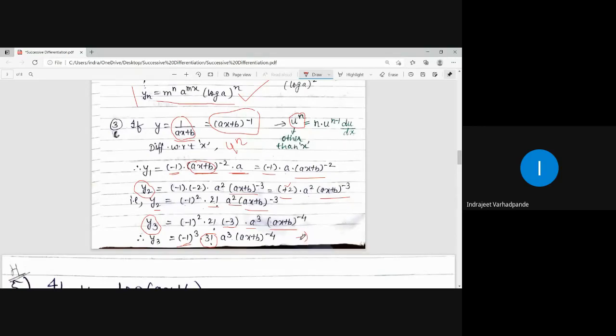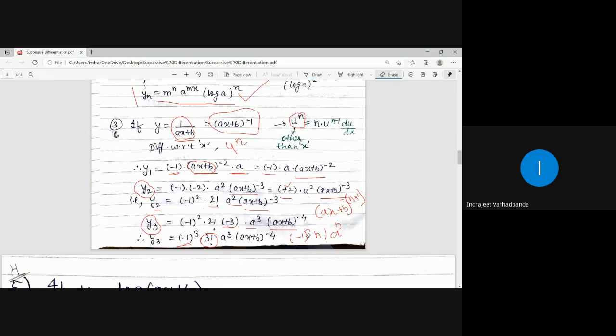Minus 1 to the power n into n factorial a to the power n into ax plus b to the power n minus 1, n minus 1 or n plus 1. Minus n times, minus n plus 1.